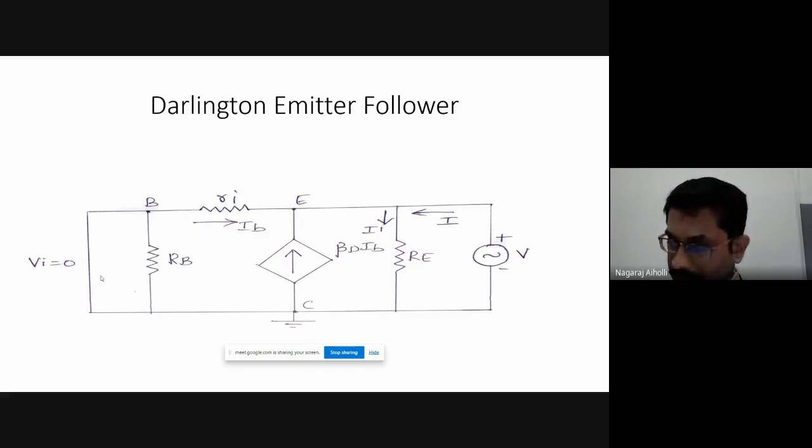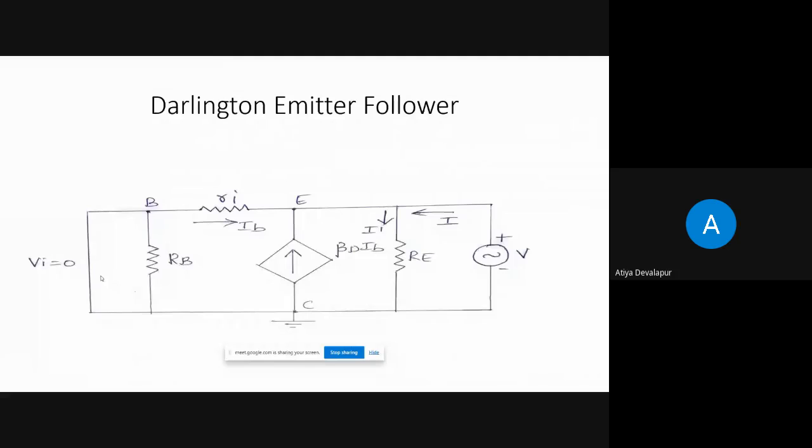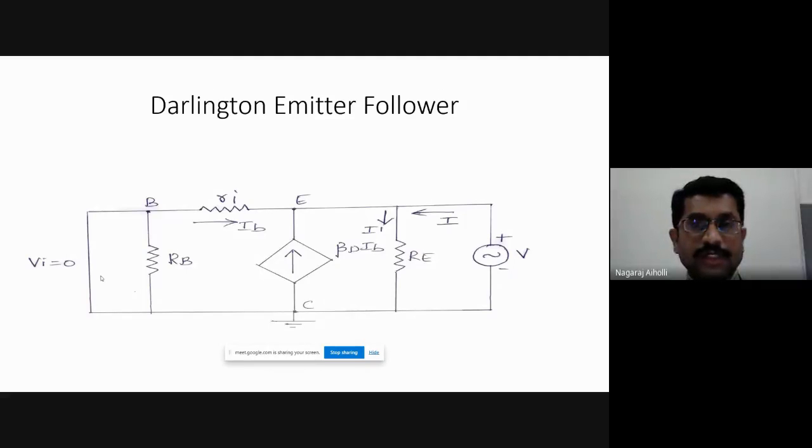Rajat? Atiya? Yes, sir. What is the resistance of short circuit, whether it is 0 or infinity?